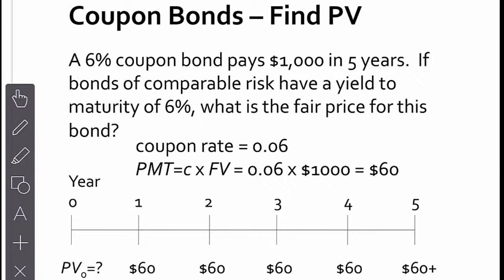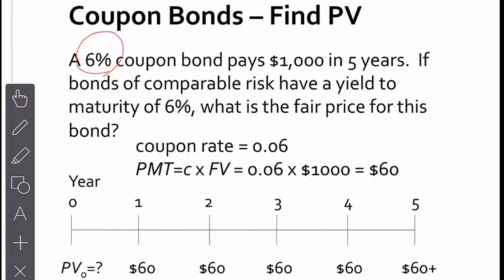In this case, you're told 6% coupon bond, now what does that mean? Pays $1,000 in 5 years. So this is the discount bond portion. So you're getting the $1,000 back. But you're also going to get 6%. 6% of what?